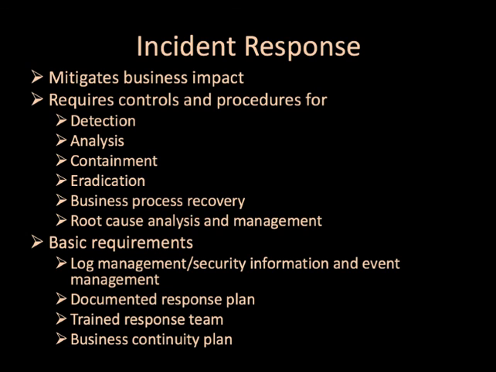Business process recovery restores business processes interrupted by containment and eradication efforts. Finally, we perform a root cause analysis to determine what happened, why it happened, and how we can prevent it in the future. We also examine our response to see if we can improve it in some way.